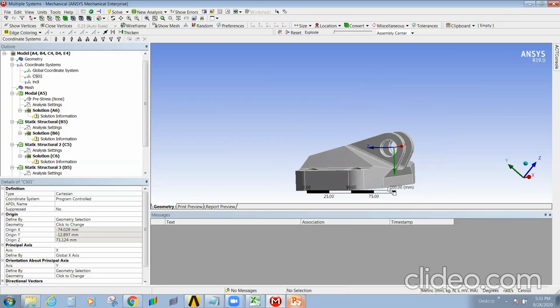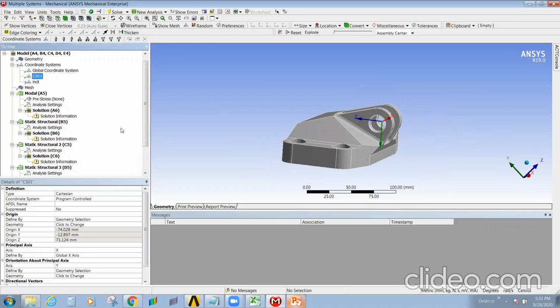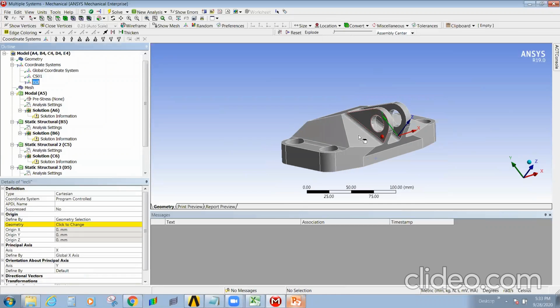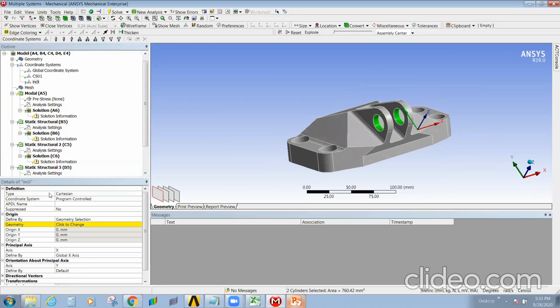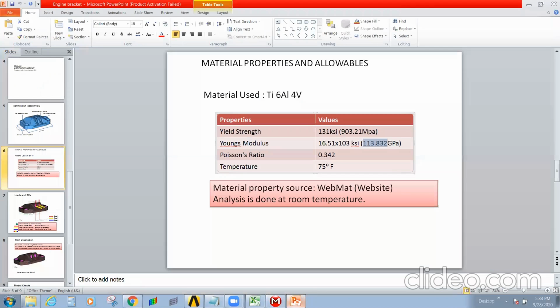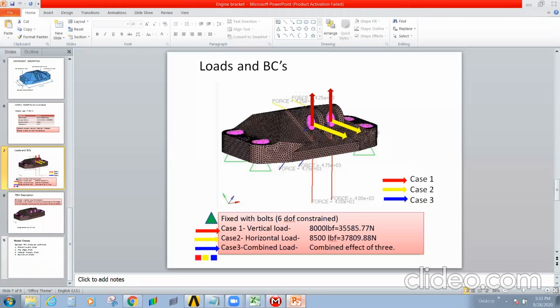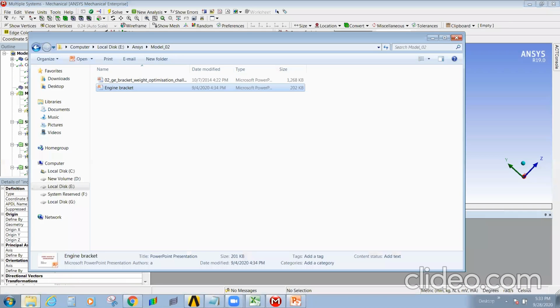And the second one, how do we assign that coordinate system? Now go to the inclined coordinate system, select the same faces, apply. As you can see, now we require the inclined loads, as mentioned in the presentation. There were 3 loads, sorry, not in this presentation, the other one.